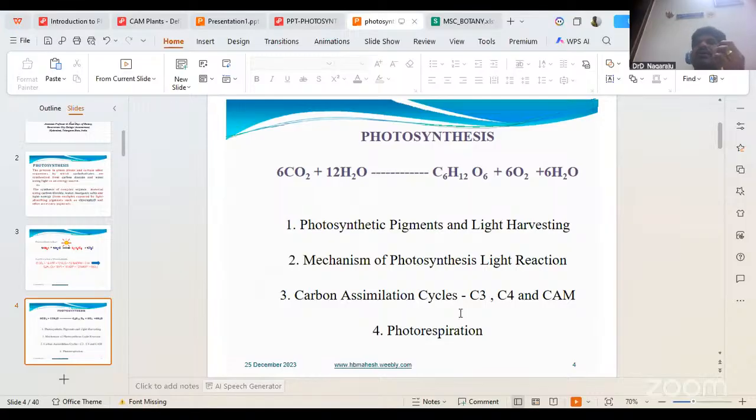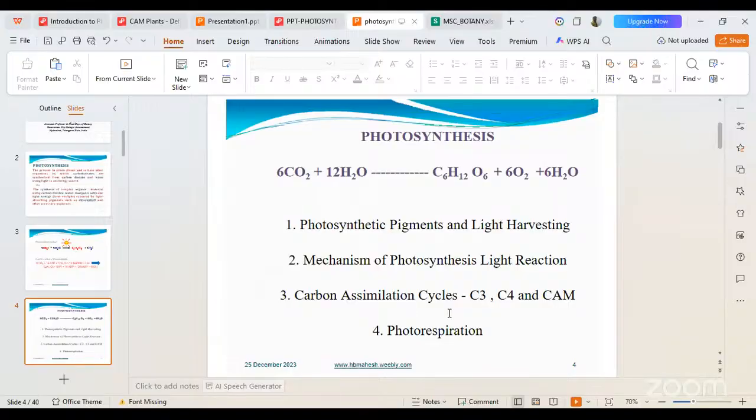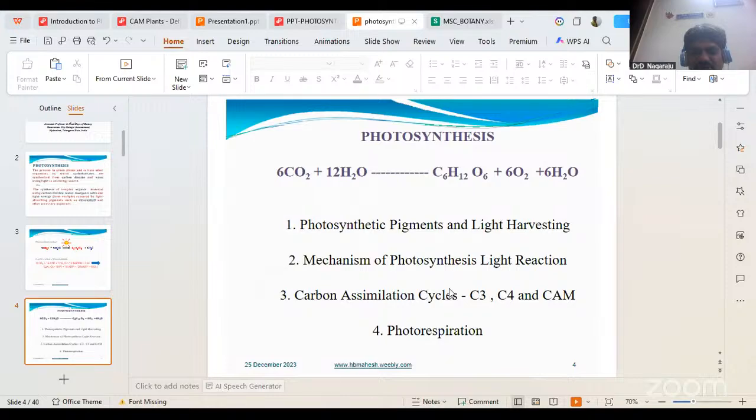Then the formation of carbon products, carbohydrates. There are three cycles: C3, C4, and CAM.